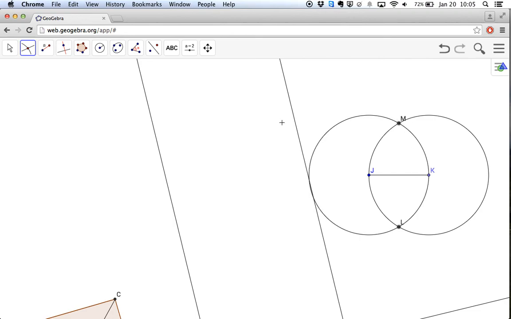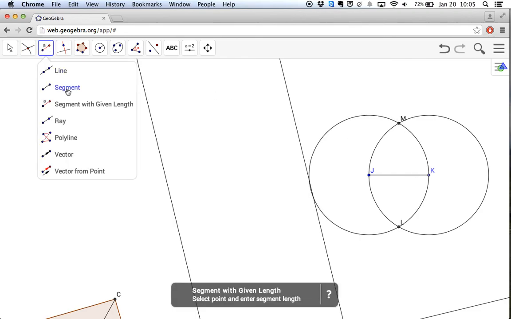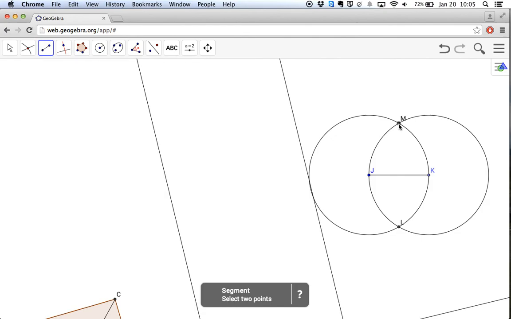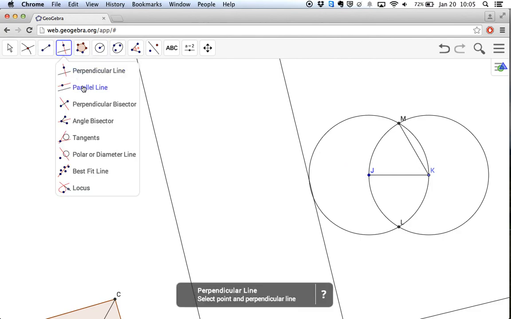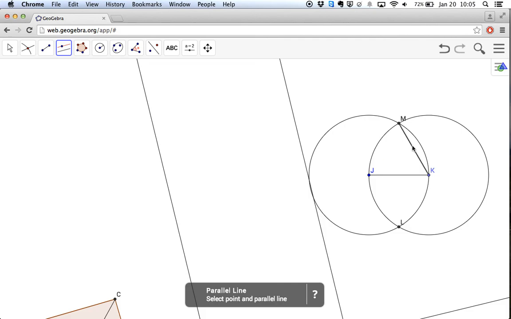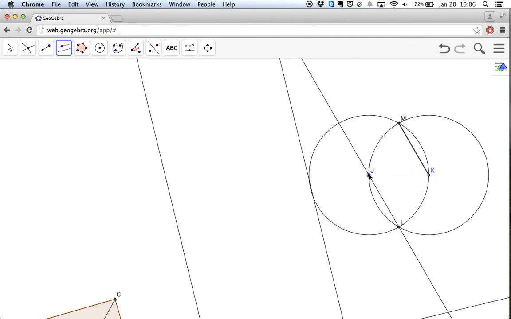If we create a segment from here to here, this is going to be 3 units if you measure it, because it's on one of these circles. So now these are two of our sides, and we need one that is parallel to this that goes through this point. So let's do a parallel line. It's going to be parallel to this through this.